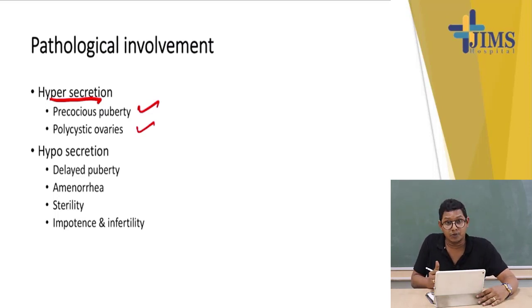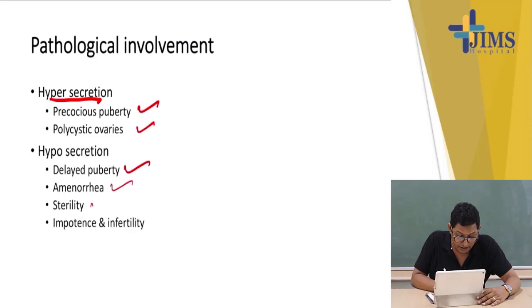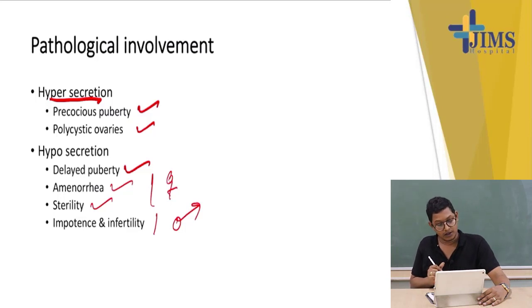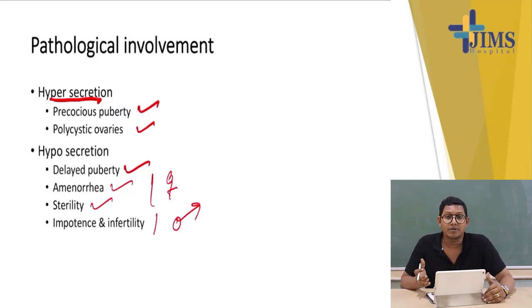In cases of hyposecretion, or less secretion, we see delayed puberty in children, amenorrhea and sterility in females, and impotence and infertility in males. Absence of or hyposecretion of gonadotropin in both males and females leads to hypogonadism, that is, underdeveloped gonads.